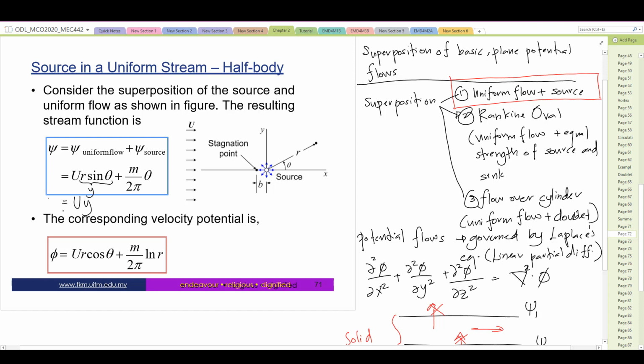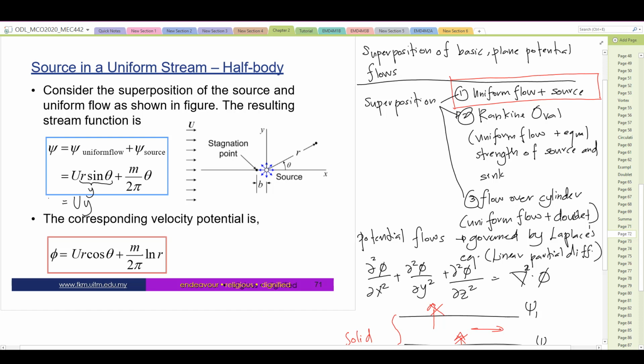And the corresponding velocity potential phi is U r cos theta plus m over 2 pi ln r. Basically this is a combination of uniform flow and source.